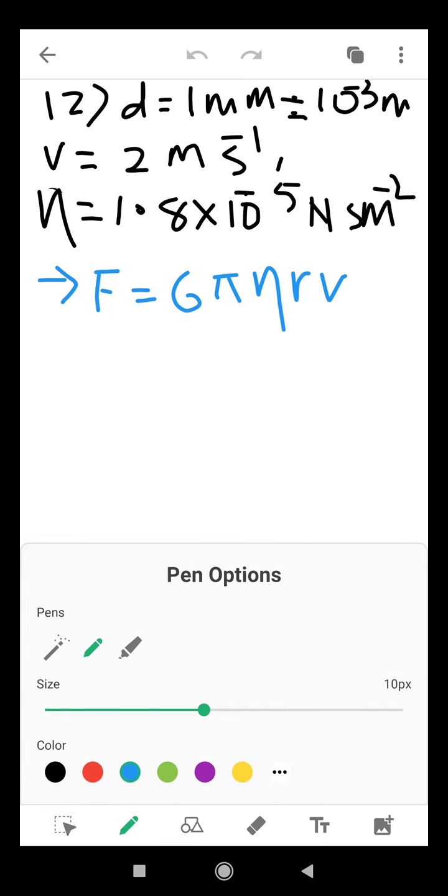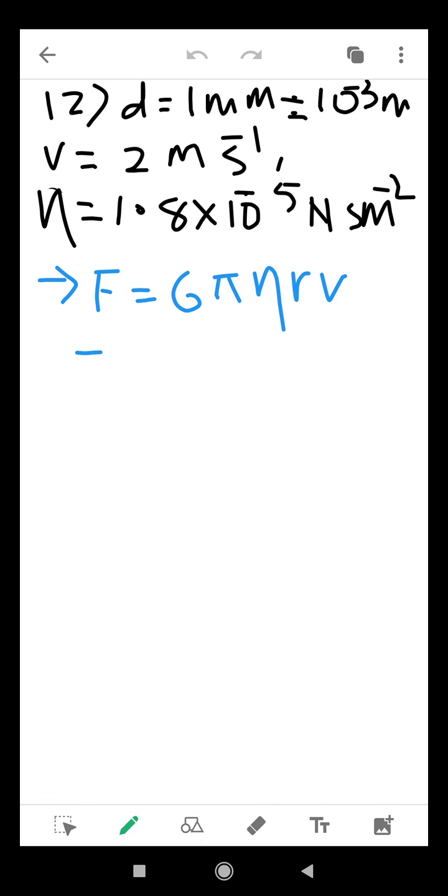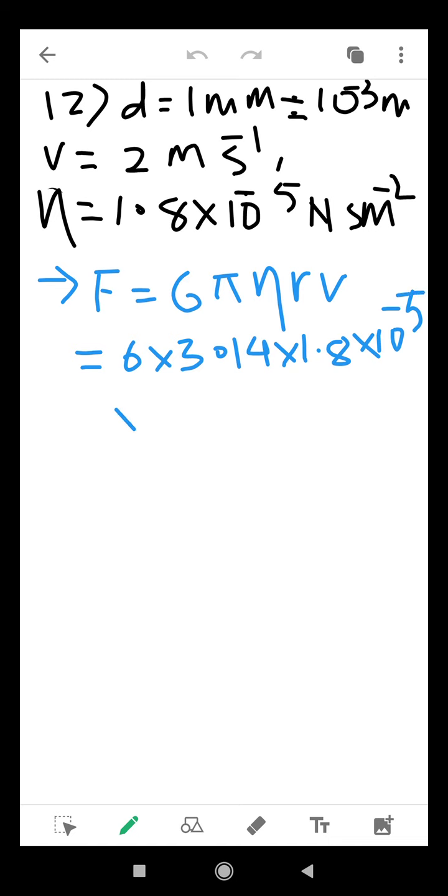So let us solve this. This is a very simple problem. You just have to multiply the quantities. 6 into 3.14 into 1.8 into 10 to the power minus 5 into R. Radius is half of the diameter, so diameter is 1 mm, so this will be half mm. Mm stands for 10 to the power minus 3 meter, and then V is 2.